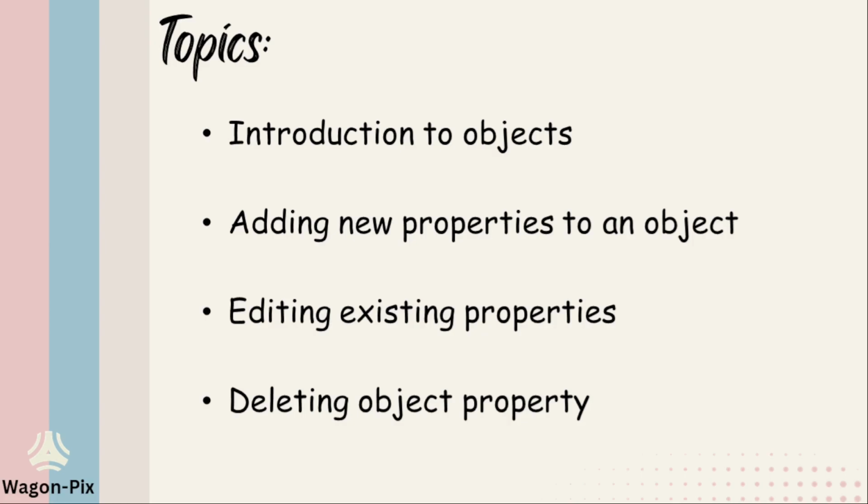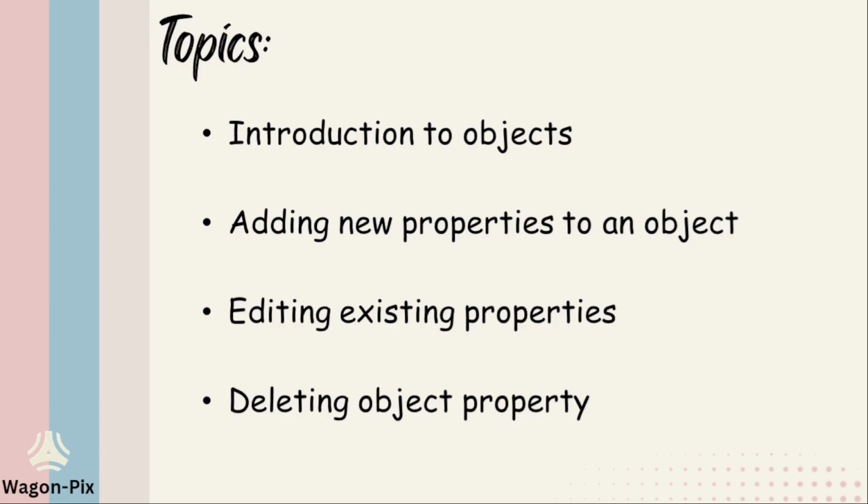Simple four topics we'll go through, and with this you will be able to understand what objects are. In a later tutorial we will go through some in-depth topics like destructuring and all.